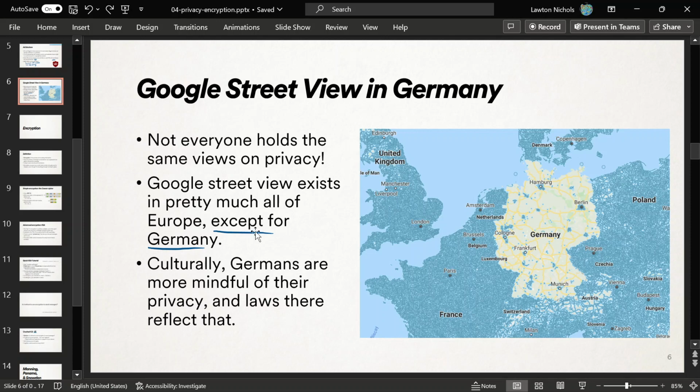And culturally, Germans have that mentality at a large scale. It's just a different thought process. Nothing wrong with it, but hopefully you're rethinking your ideas about Google Street View. It doesn't have to be a given that it exists. We let it happen. Should we have?